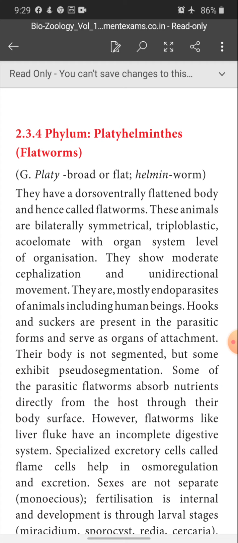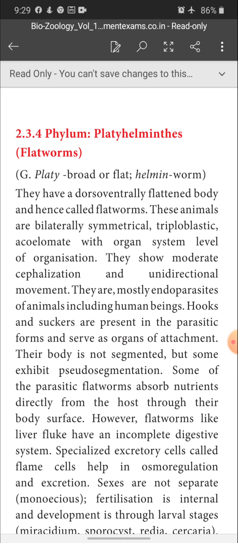And next one, their body is not segmented but some exhibit pseudo segmentation. Some of the parasitic flatworms absorb nutrients directly from the host through their body surface. So their body is not segmented. What does segmentation mean? Already we discussed about segments.